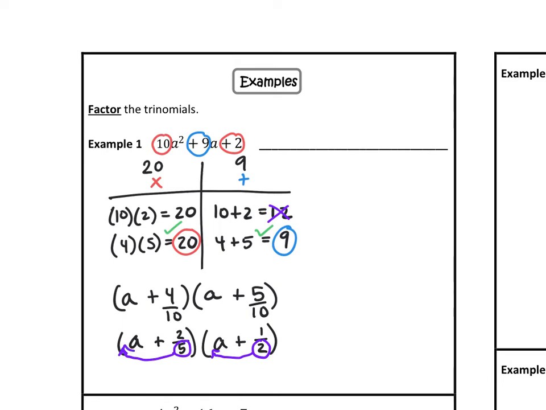If I move the 5 in front of A, I'm going to get 5A plus 2. I didn't move the 2, right? I'm moving the 5 to the front of A. And then I'm going to move the 2 to the front of A.